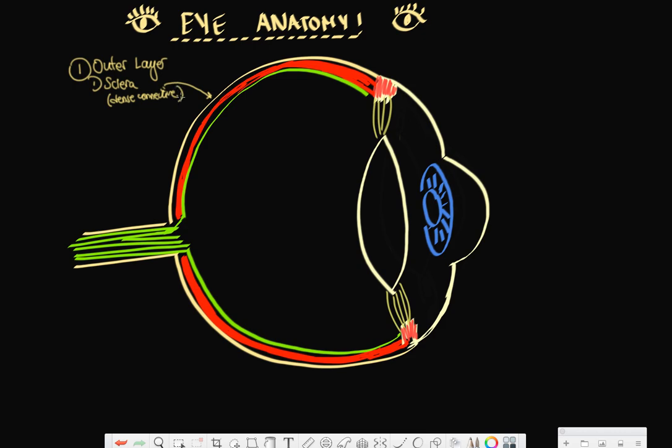It's also perforated, through which blood vessels and nerves enter, and it's a tough layer, and this allows the attachment of muscles that are going to move the eyes. So, attachment point.